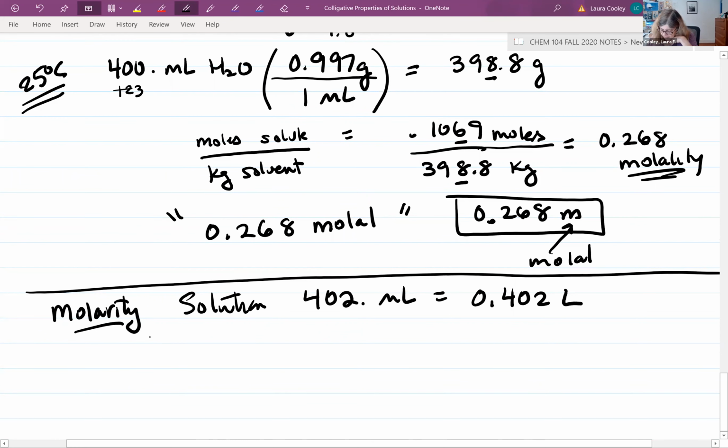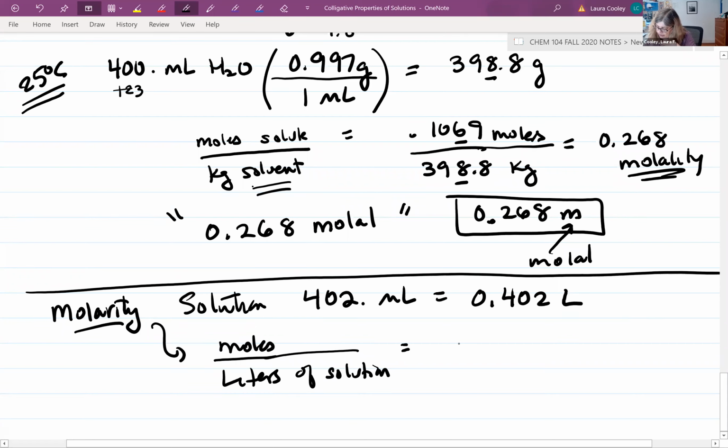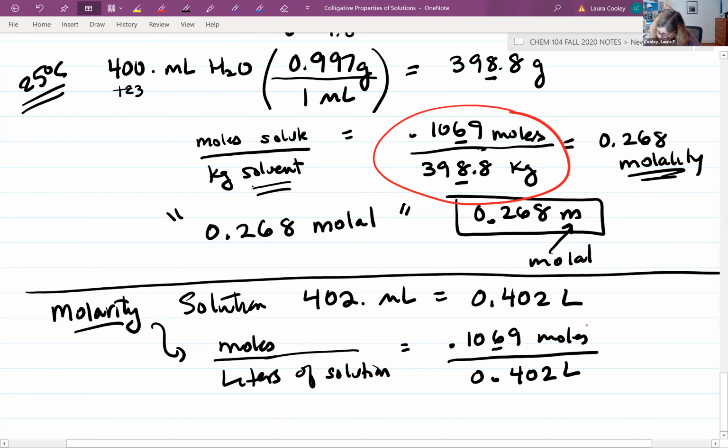So now molarity is moles over liters. It's actually the liters of solution. This is the kilograms of solvent. So it's slightly different. So this is 0.1069. That's the same. But now we're dividing by 0.402 liters. So look at this. This calculation here and this calculation here are almost the same in water.